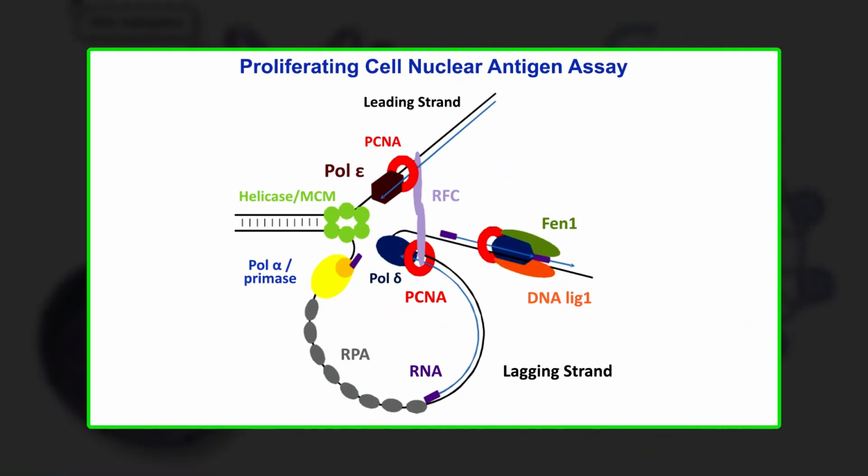DNMT1 is the most abundant methyltransferase enzyme in somatic cells, localizes to replication foci, has a 10 to 40-fold preference for hemimethylated DNA, and interacts with the proliferating cell nuclear antigen.